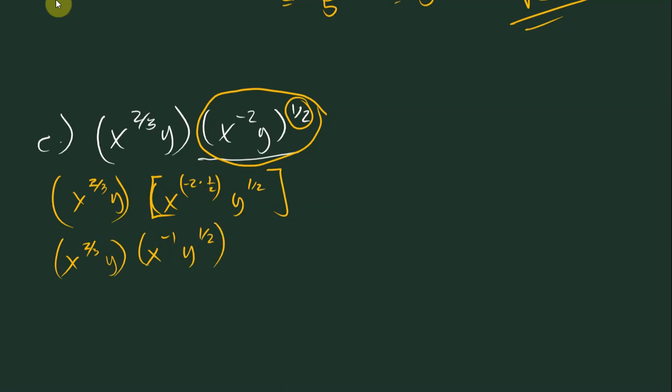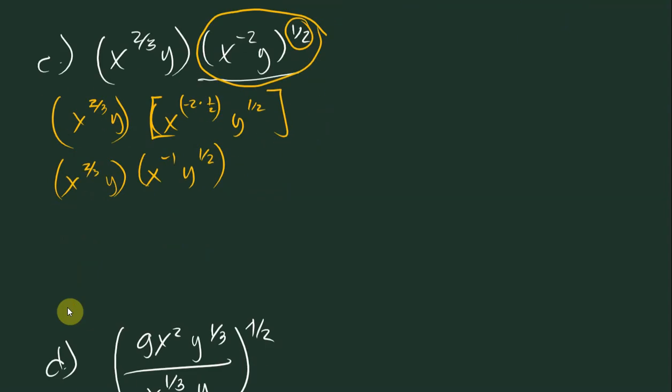Okay, so if we apply the law of exponents here, let's rewrite it first so that it will be clear. Applying the law of exponents, this is equal to x raised to 2 over 3 minus 1, and y raised to 1 plus 1 half, since we just add the exponents.